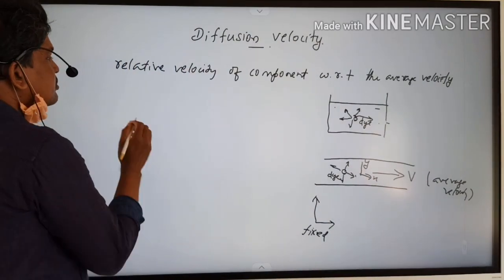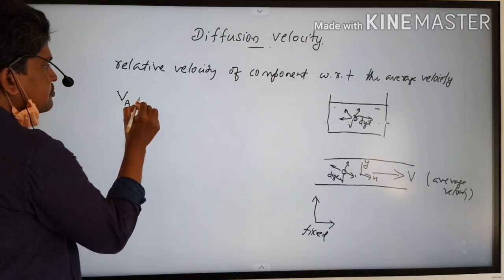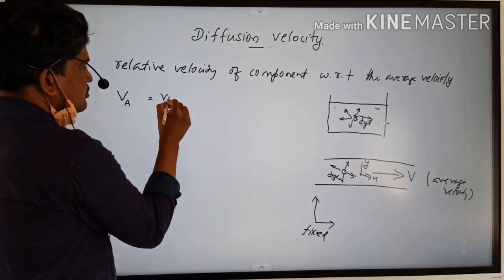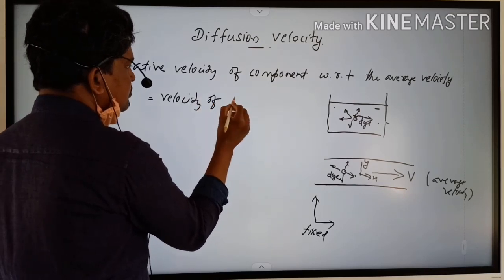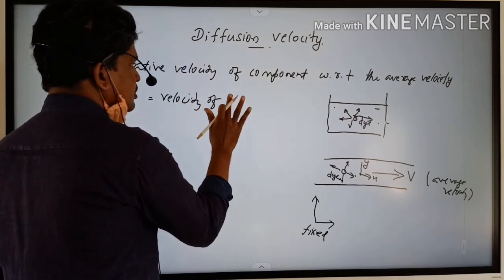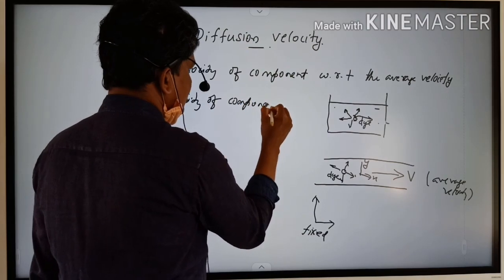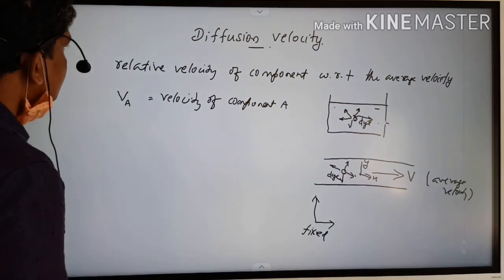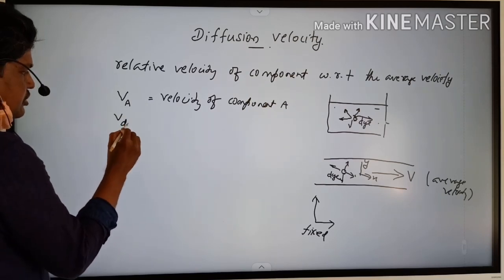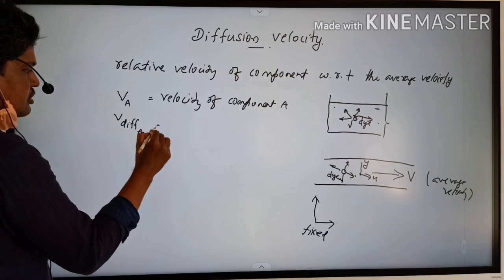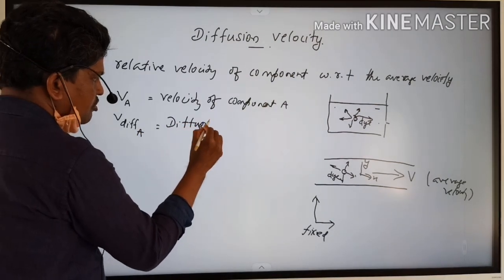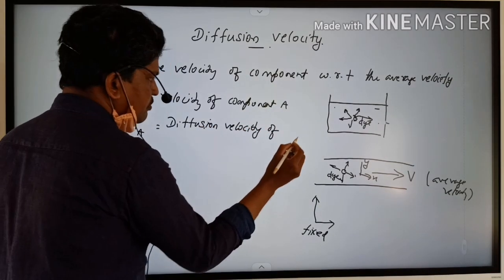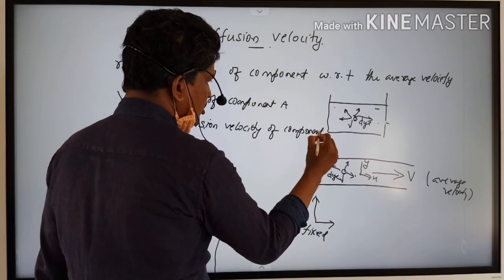Suppose VA is the velocity of the dye with respect to the fixed coordinate. So this is the velocity of component A. Then V diffusion is the diffusion velocity of component A.